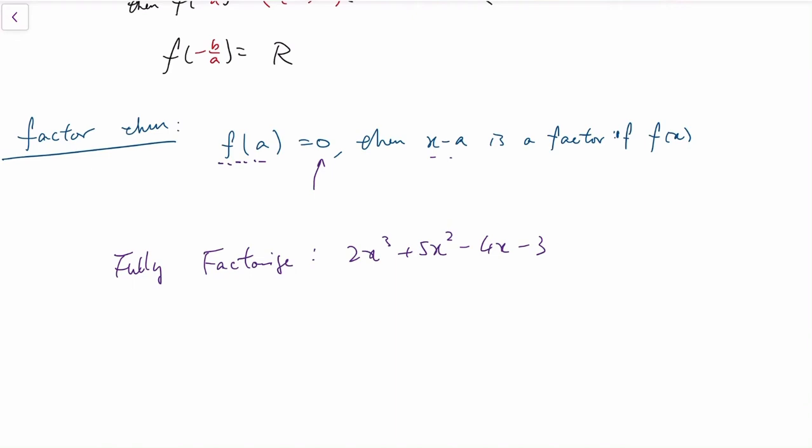You probably know how to factorize a quadratic. Factorizing a cubic is a little bit less easy. One way would be using the factor theorem, which says if you plug a number into the polynomial and happen to get 0, then you get yourself a factor.